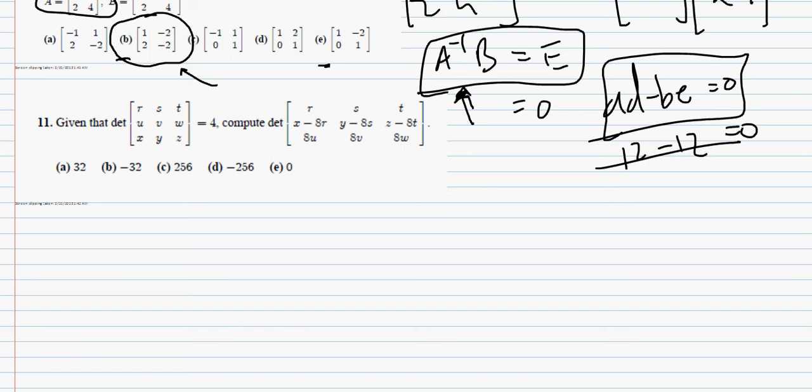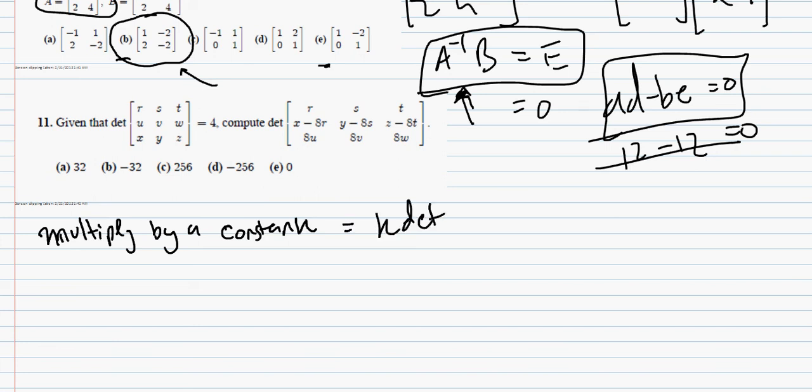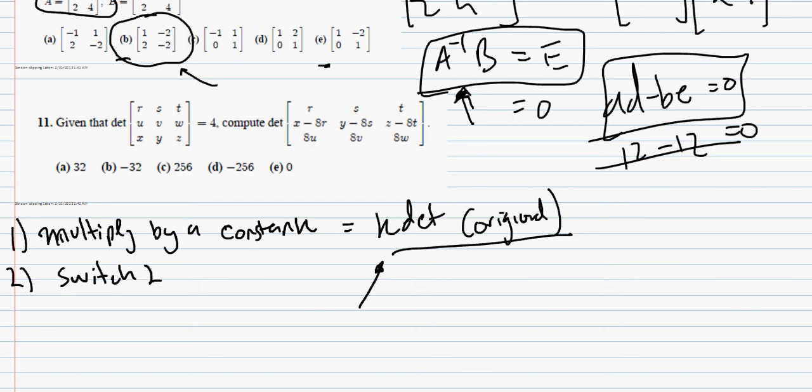Well, one thing I can tell you is if you multiply by a constant, just a constant k, the determinant is k times the determinant of the original. This is rule number 1. Rule number 2 is if you switch 2 rows, you get the negative of the original determinant.